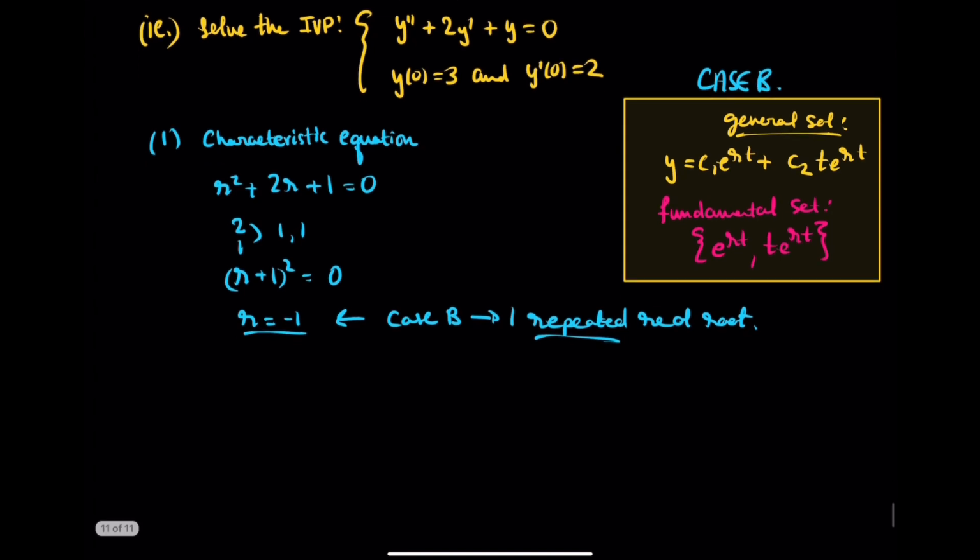That was weird. Okay, case B. So let's find the fundamental set. The fundamental set is e to the -1t, so e to the minus t, and t e to the minus t.